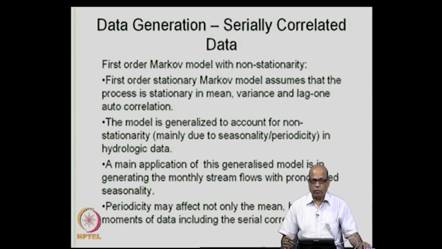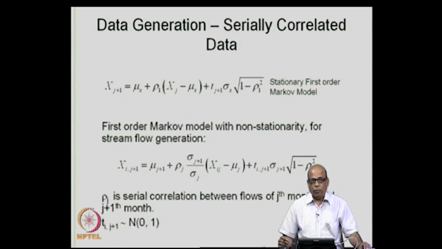And the periodicity, as you know now, will affect not only the mean and standard deviation, but also the lag 1 correlations, all of which appear in our Thomas Fiering model or the first order Markov model. So, from your stationary model, we start introducing the non-stationarity in the mean, lag 1 correlation and the standard deviation.